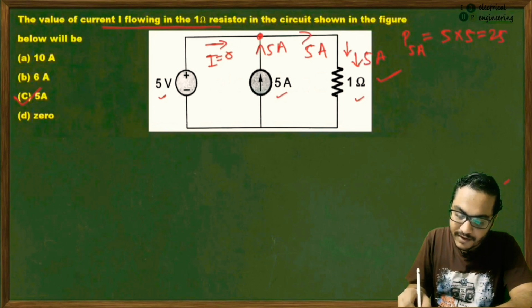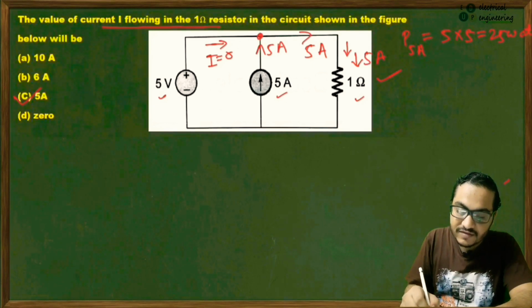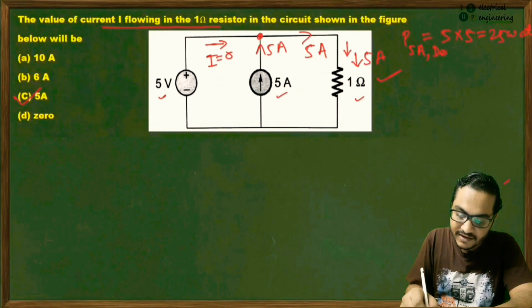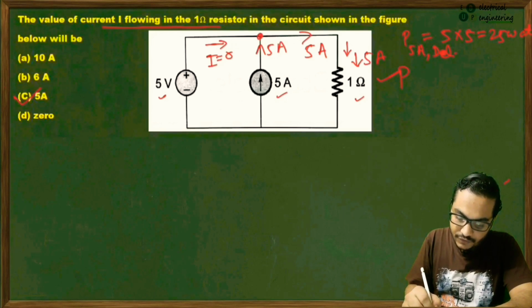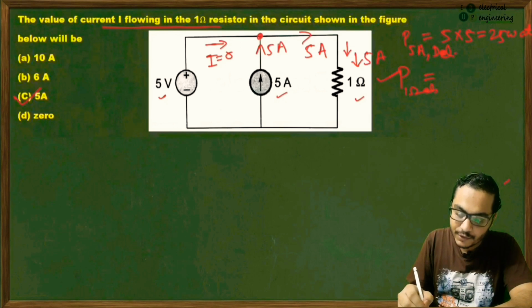So this is the power delivered. And for this load the power will be absorbed. This is 1 ohm, so the power absorbed will be I squared R. I is 5, so 5 squared into 1 is 25 watt.